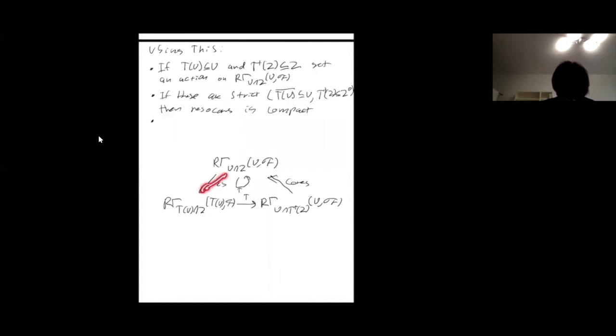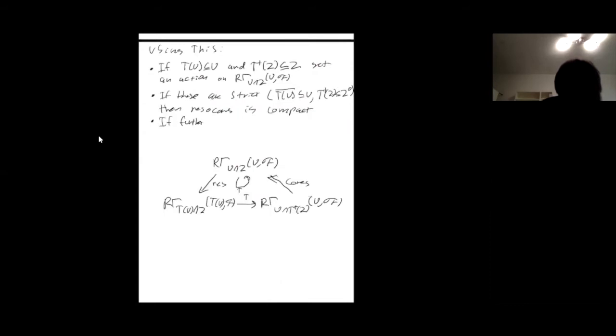Because this is compact, the composition is also compact, or actually maybe its square is compact, but that's good enough. And that will allow us to take the finite slope part of this space.